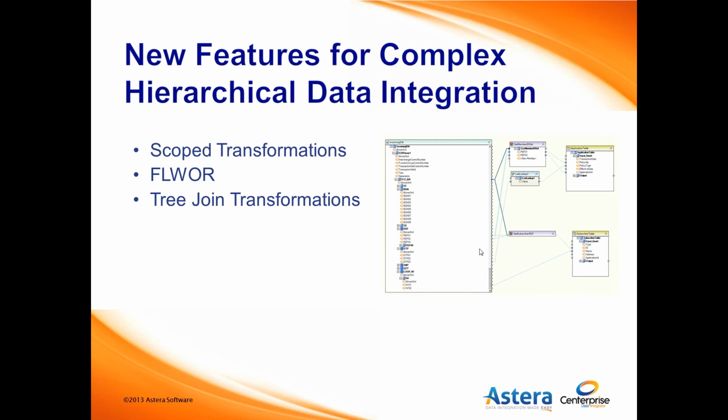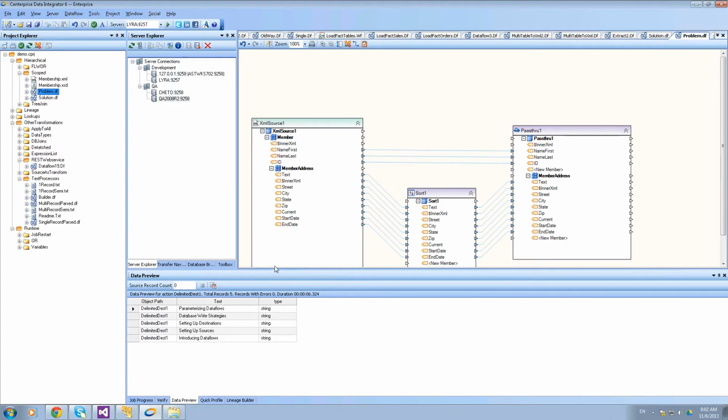With Centerprise 6, we put a lot more emphasis on the ability to process hierarchical data sets. XML, EDI, COBOL, JSON, etc. can now all be more easily processed and integrated with the features presented on this slide, namely scope transformations, the flower transformation, and tree join transformations. Let's take a look at each one of those in the product.